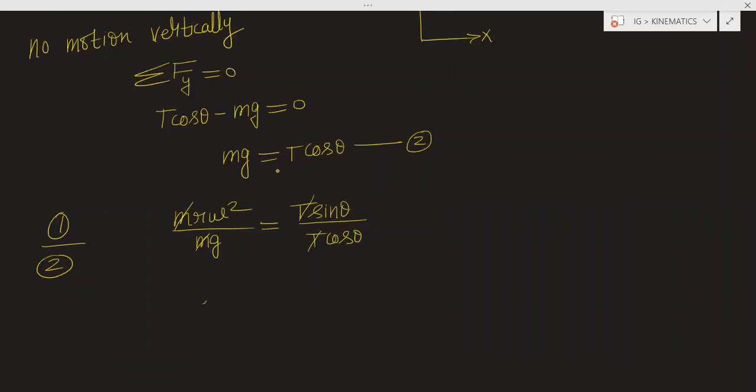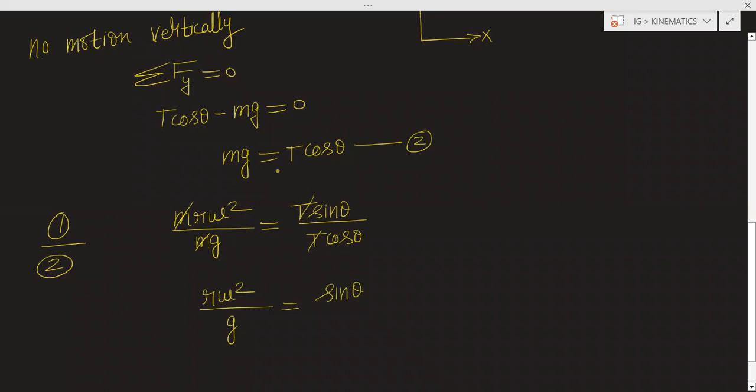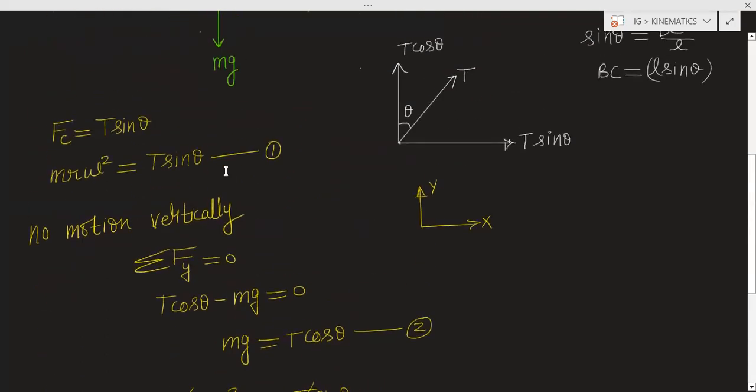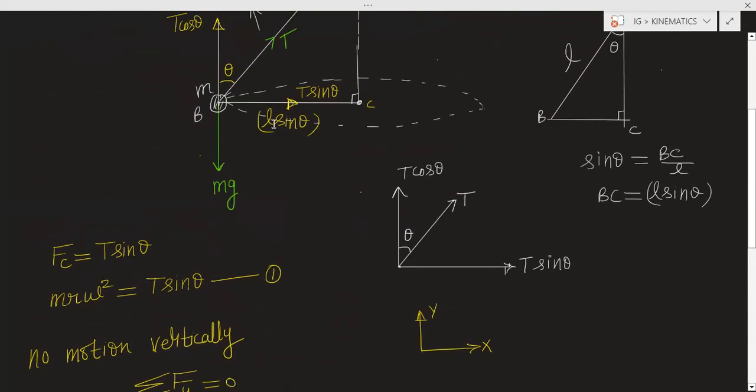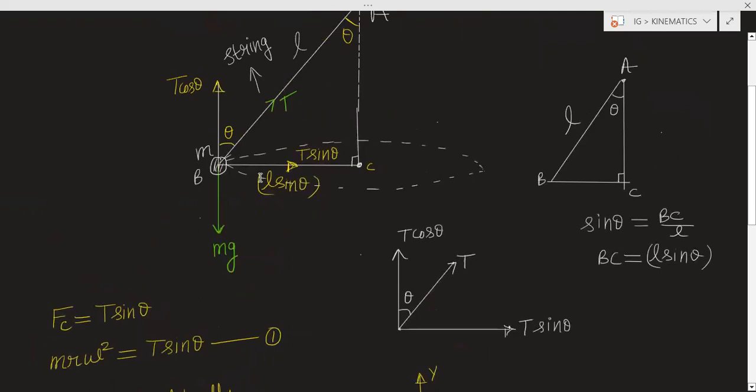So you have r omega square divided by g, and that is equal to sine theta divided by cos theta. Now what is the value of r? Here r is equal to L sine theta.